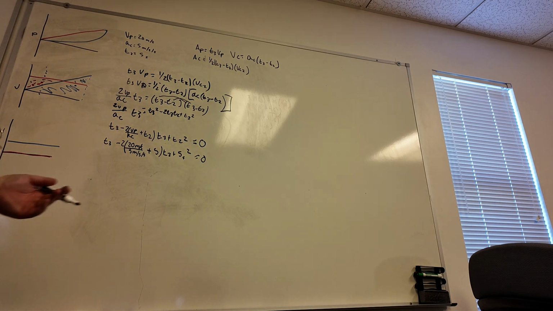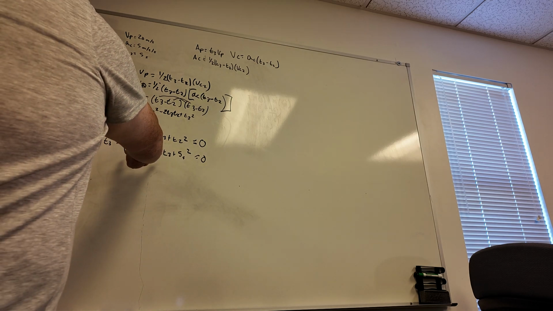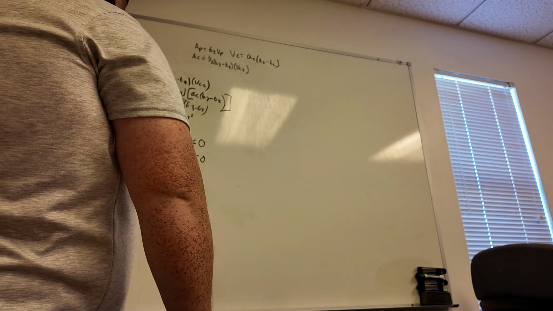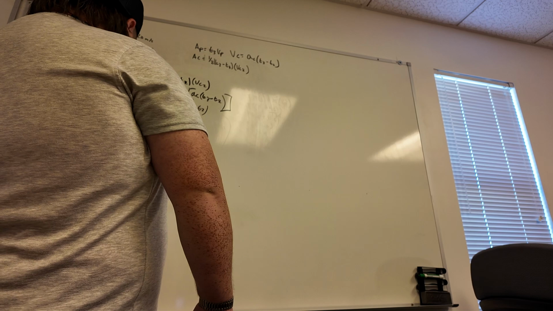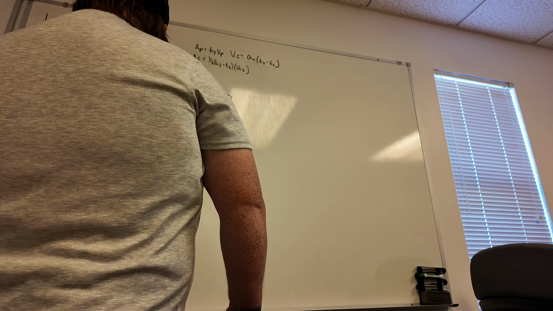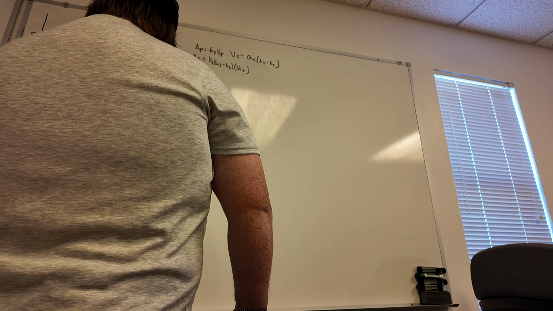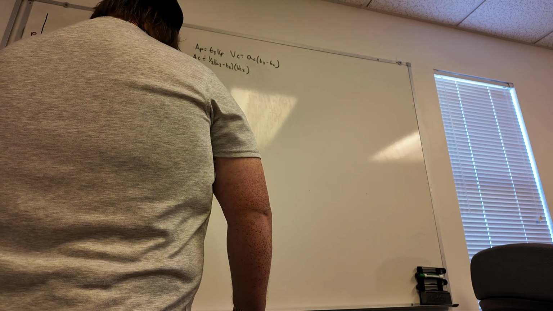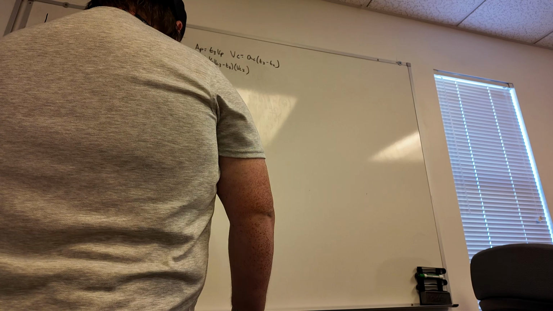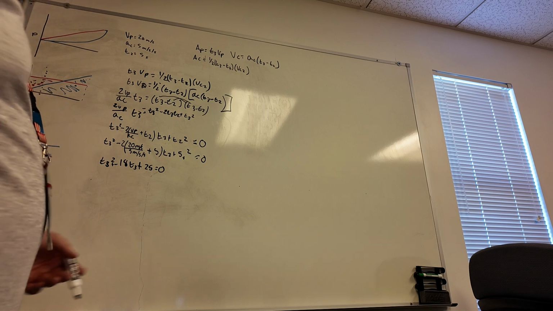Now we can consolidate everything in the middle like that. So it comes out to T3 squared minus 18 T3 plus 25. I think I did that right. Yeah, so basically consolidating it down, now we have an official quadratic equation.